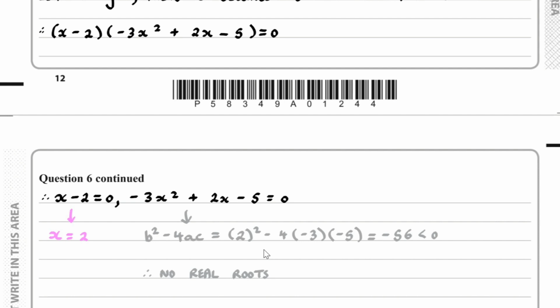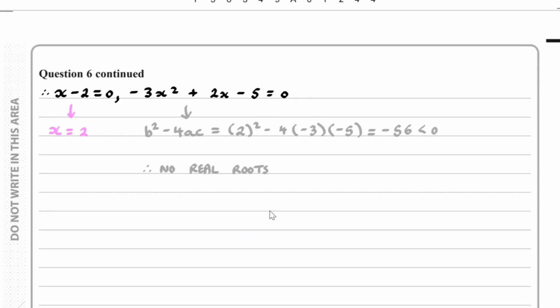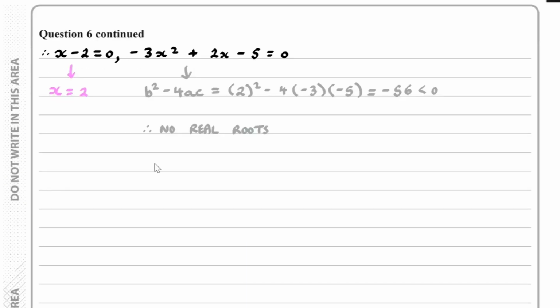And because we've got no real roots then, that means this x equals 2 is the only real solution.